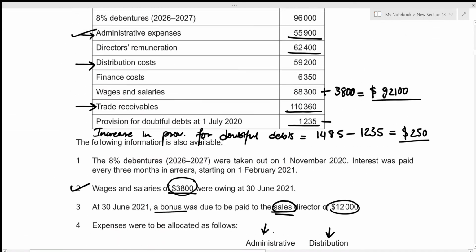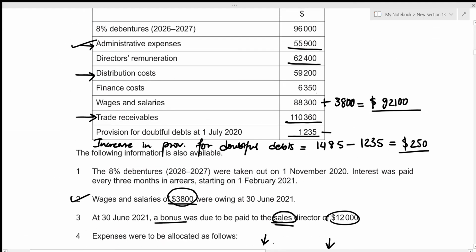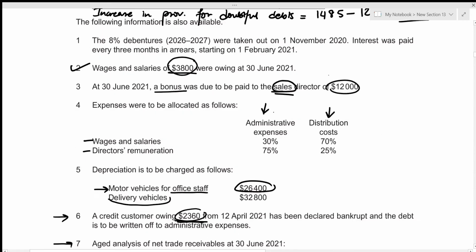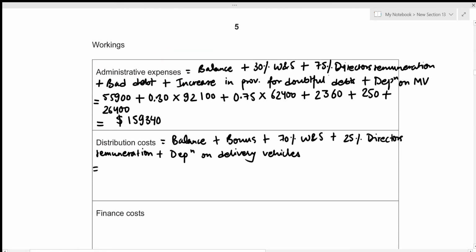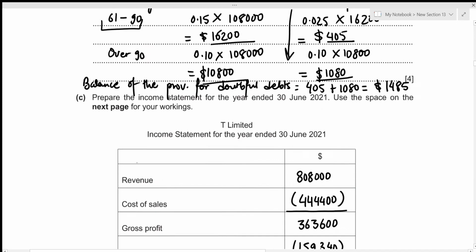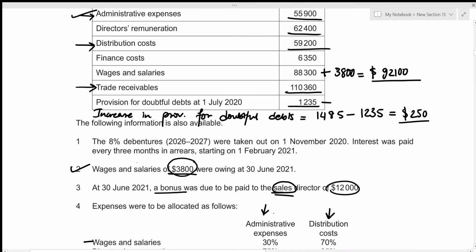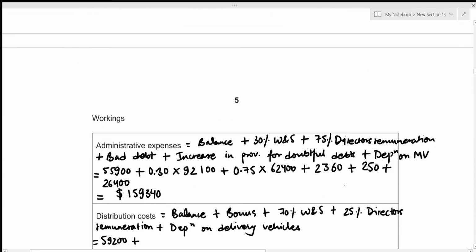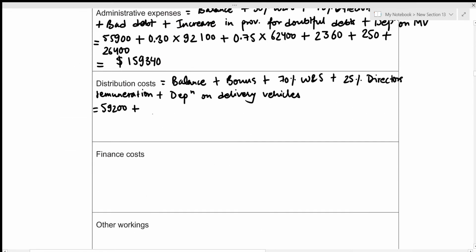So the balance was given in our table to be 59,200. Let's write that down. Then there was a bonus. So bonus was of 12,000, which is given right here. So that's 12,000. Then we need to allocate 70% of wages and salaries.